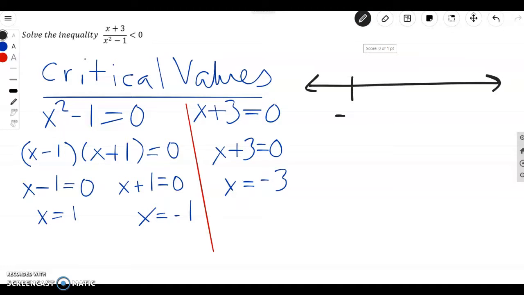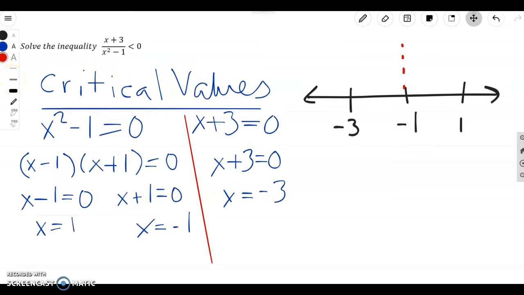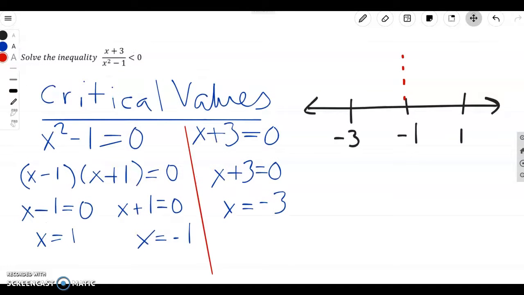The furthest to the left is -3, then we have -1, and then furthest to the right is 1. Remember, -1 and 1 are not actually part of this graph, so these are where asymptotes would be if we were looking at it on a graph. And at -3, this is where the graph is actually equal to 0.